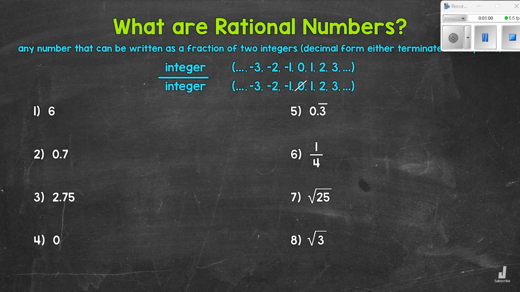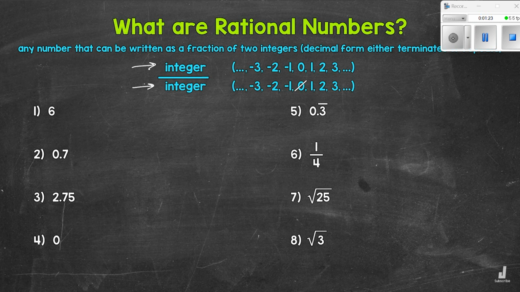This may all seem confusing at first, but as we go through our examples, this will all make a lot more sense. So any number that can be written as a fraction of two integers, so the numerator must be an integer and the denominator must be an integer, that's going to be a rational number.